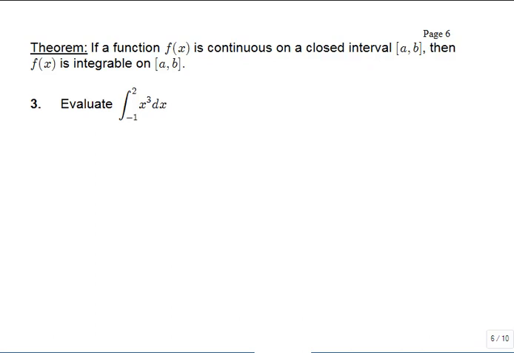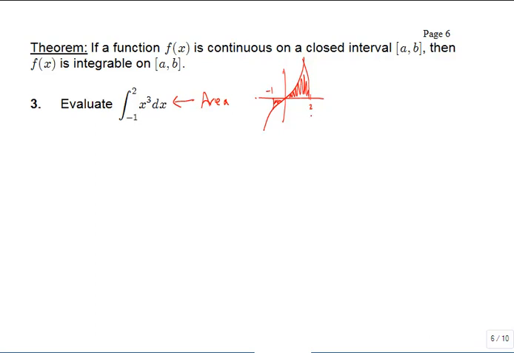So this first example says evaluate the integral from -1 to 2 of x cubed dx. Now at this point, since we haven't learned this fundamental theorem of calculus yet, the only way that we can figure this out is by imagining this as an area under the x cubed graph from -1 up to 2 and finding this area.